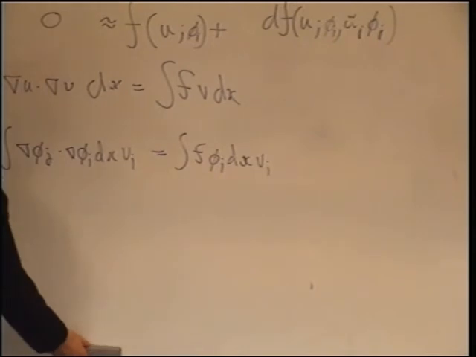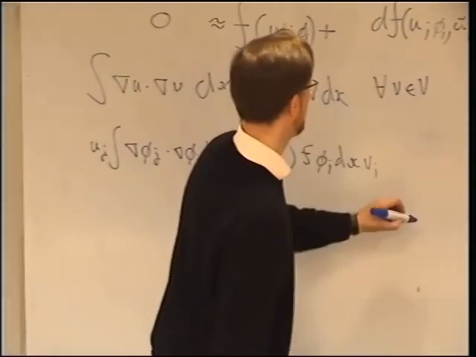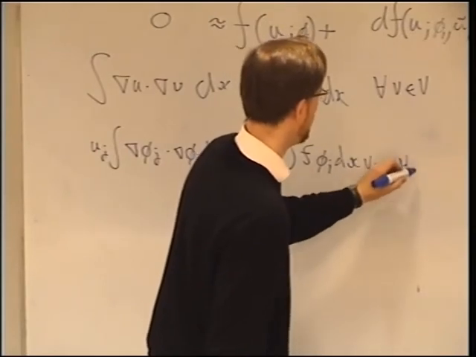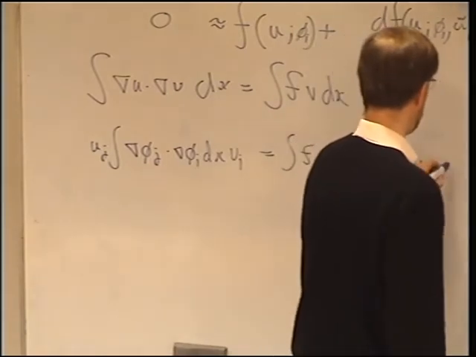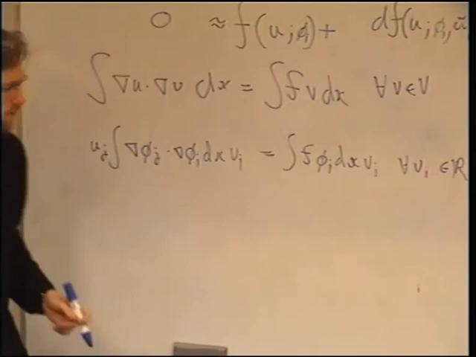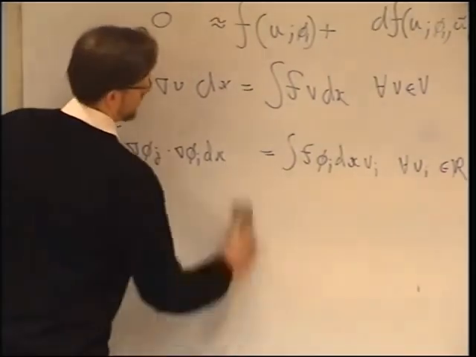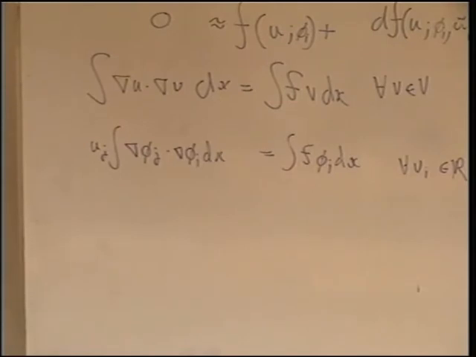And that's true for all v in V. So that means that this is true for all v_i in R. I can choose any coefficients I like. So it also has to be true when I take that off. It's true for all basis functions, and it's sufficient that it's true for all basis functions. And we showed that on a previous occasion.